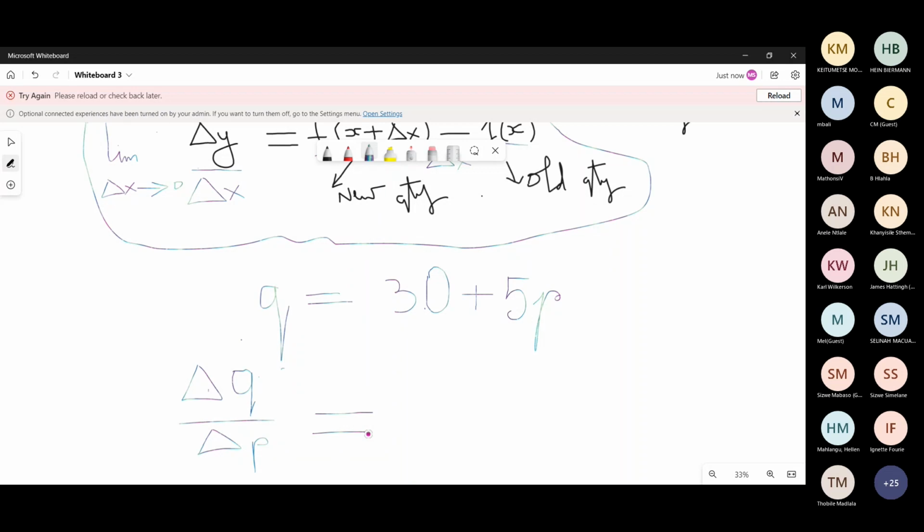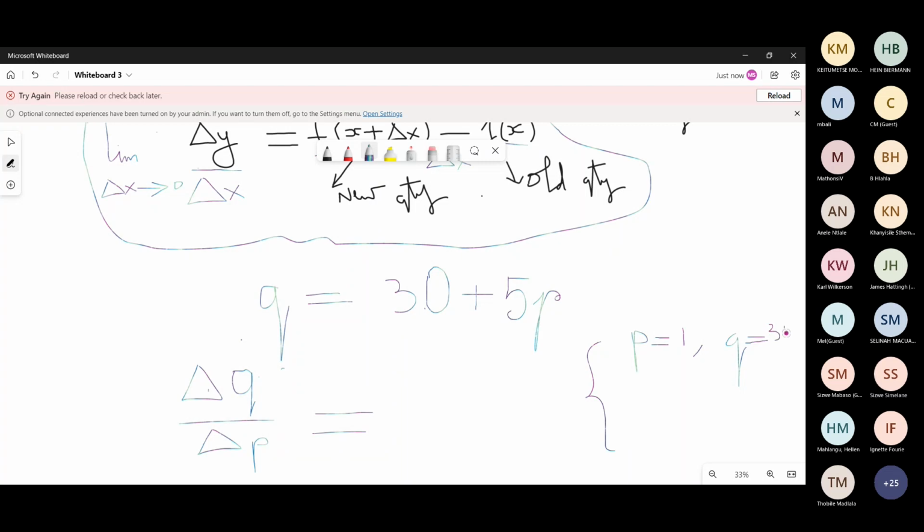The change in Q due to the change in P. One can even see how that is true. Take any value for P. Take P equals, for instance, 1. If P equals 1, what is Q? 35.